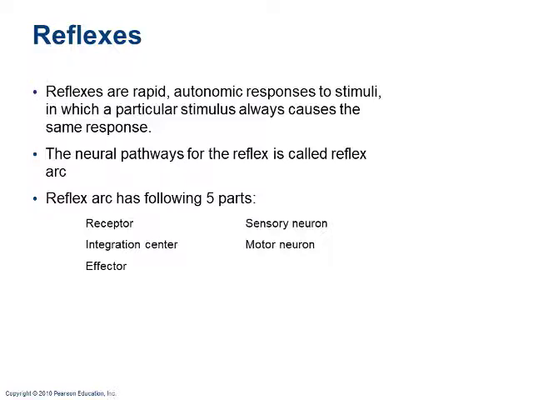Now let me give you an example of a reflex. If I put a bright flashlight on your eye, the pupil, you know, the opening, constricts, right? To limit the entrance of light. Pupil constricts. That happens. You know that, right?